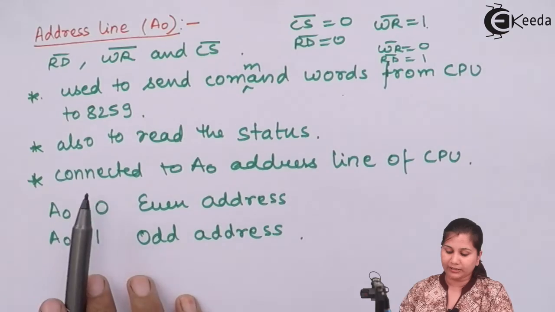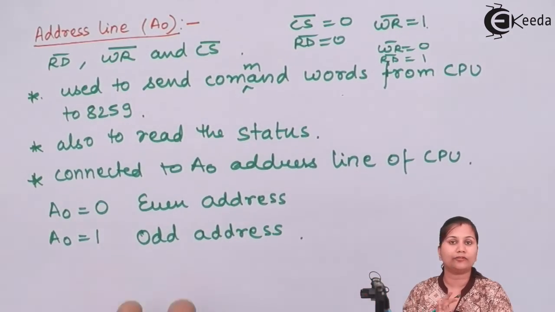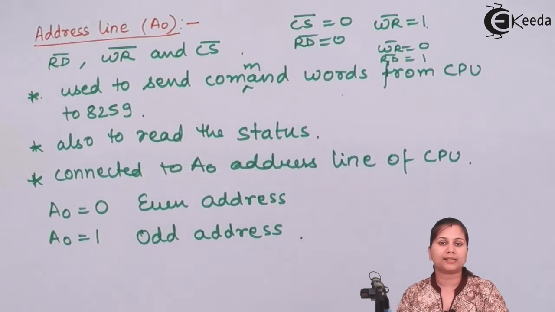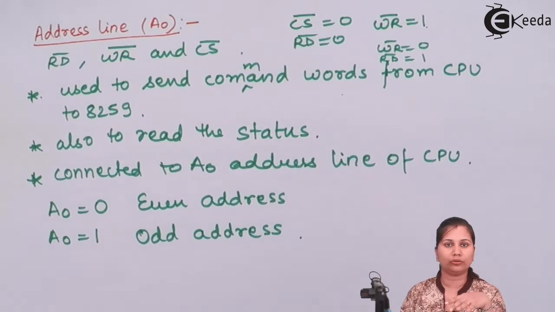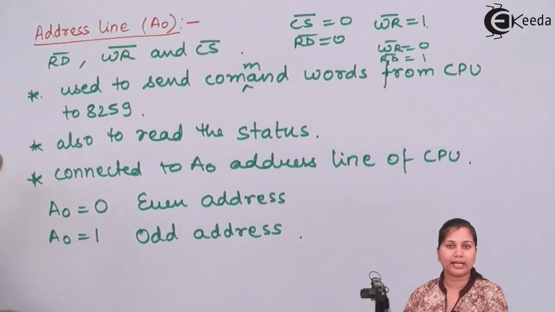Now this A0 address line is connected to the address line of the CPU, the microprocessor. A microprocessor like 8085 has 16 address lines from A0 to A15. So the A0 address line of the 8085 will be connected to the A0 address line of the 8259.